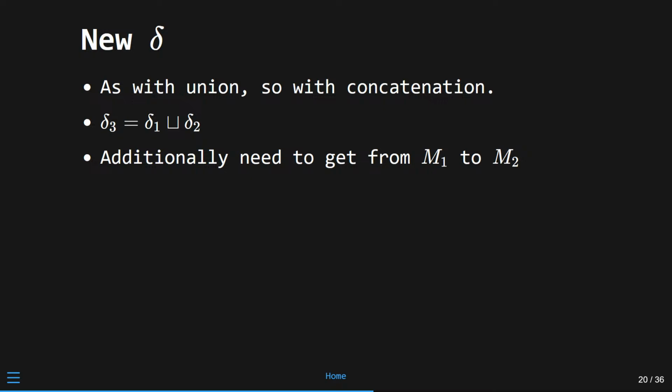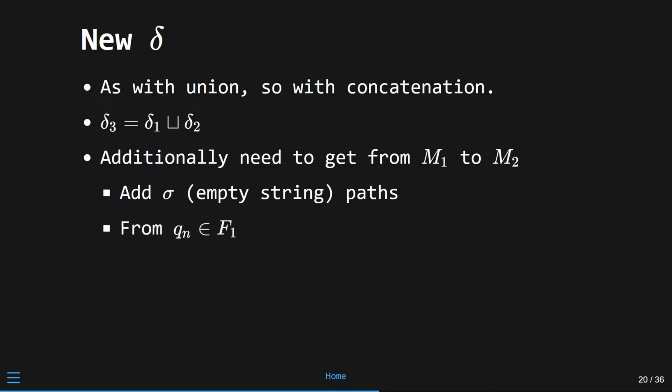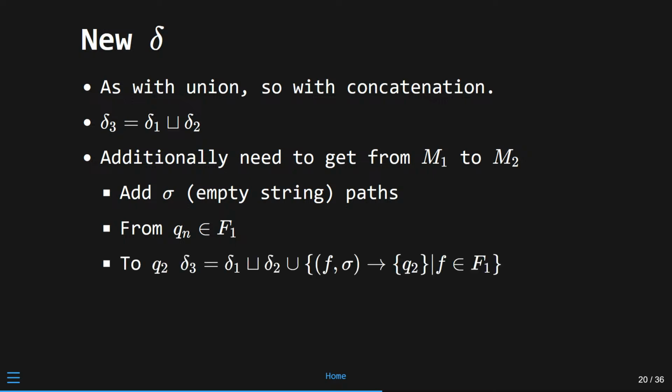And then we're going to add something. How are we going to get from M1 to M2? We're going to add empty string edges, or labels, however you want to think of the arrows connecting things. For each element of the accepting states of M1, we will create one directed edge labeled with the empty string to the starting state of M2.